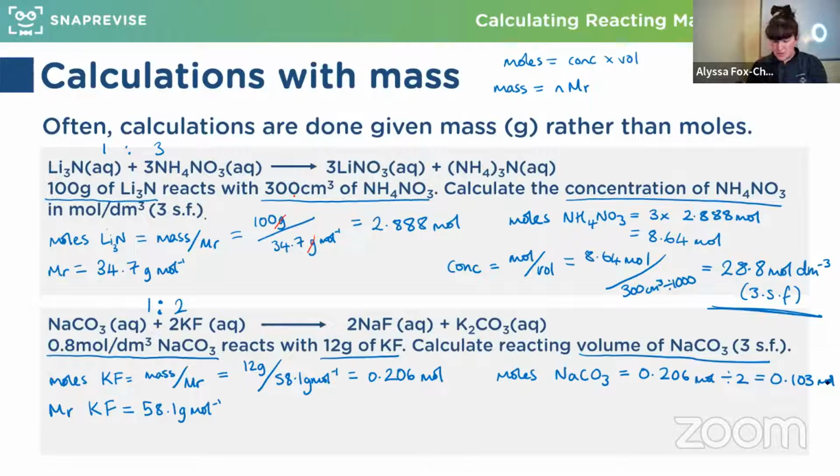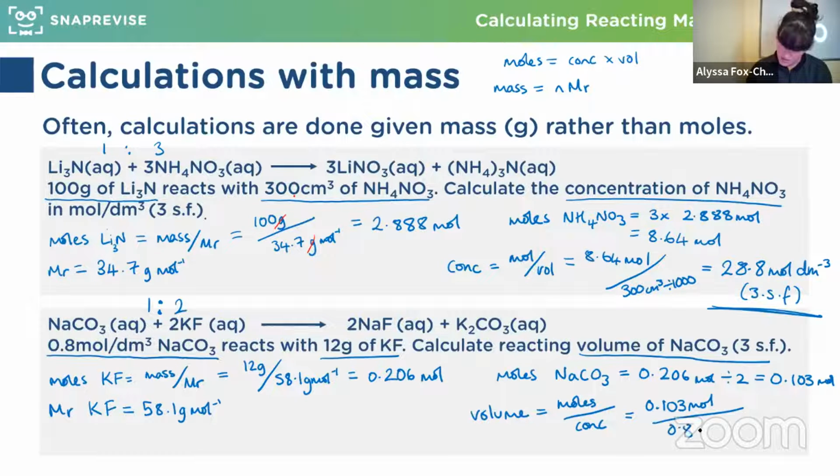But I don't want moles of sodium carbonate, I want volume of sodium carbonate, but I've got a concentration, so moles divided by concentration. My moles are 0.103.